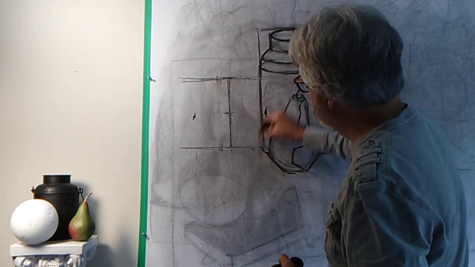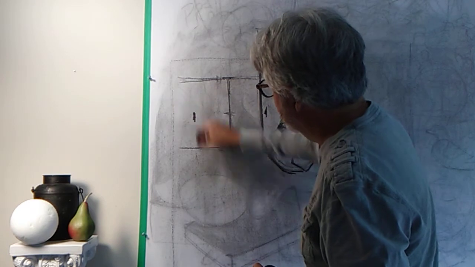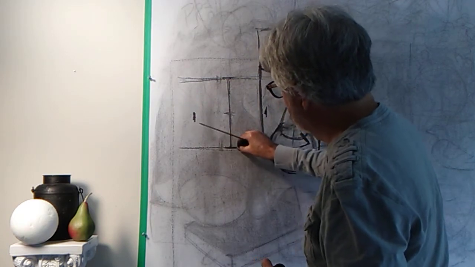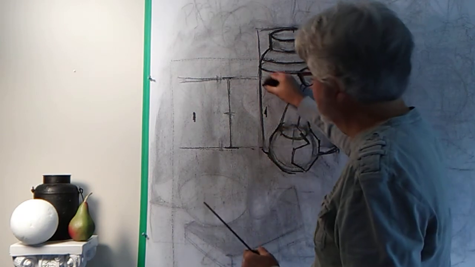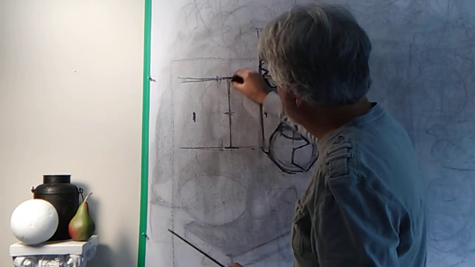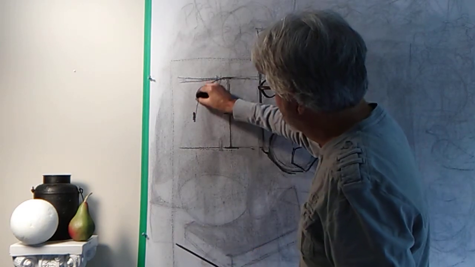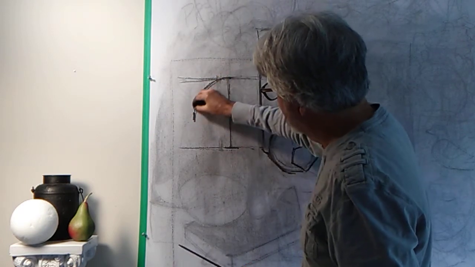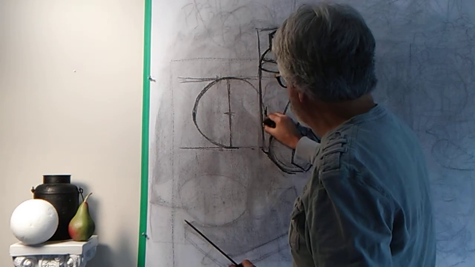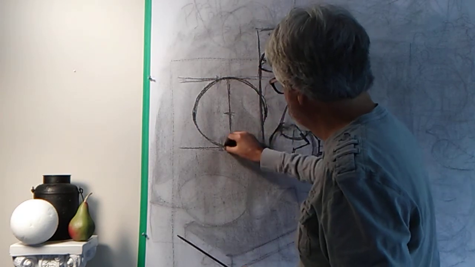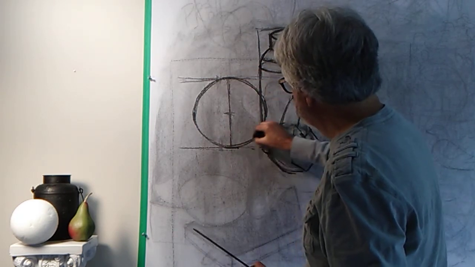Here's my edges. Like on a plane, I'm going to keep these lines distinct. So when I make the curve of the ball, they don't come to a point, right? That's one trick a lot of us use. So when I bring it around, I know I've got to bring it to that line, and I've got to bring it to that edge, and that's going to come around, and that's going to come around.